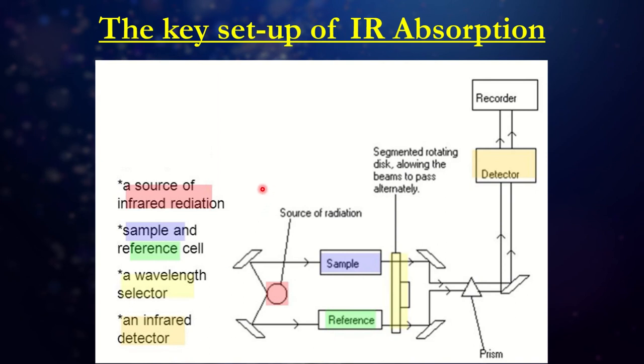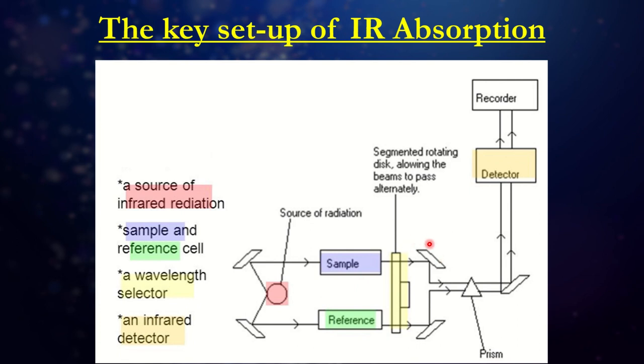When we go through this, we actually use a reference cell, so we have the sample and we have a reference. This is just the control group that we use. The reason we have that is to get a base value within the system. So if we already detect some background infrared radiation, we can subtract that from the measurements of our sample.